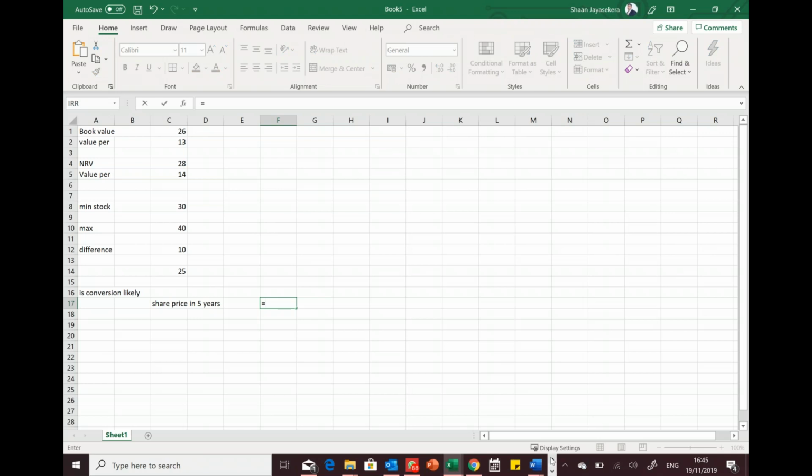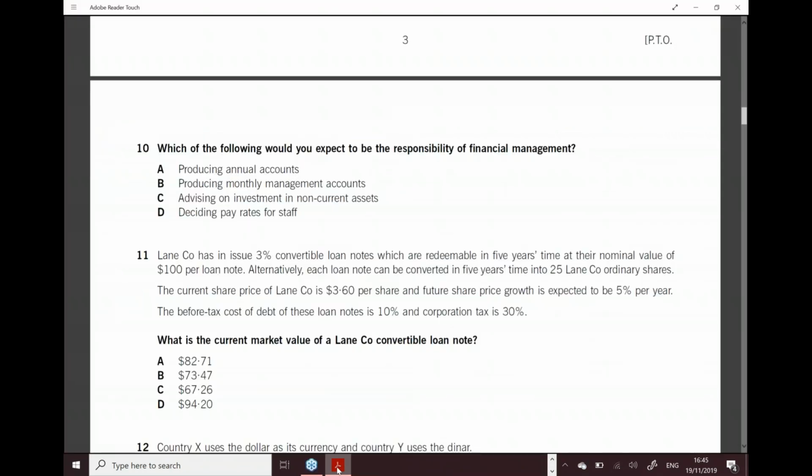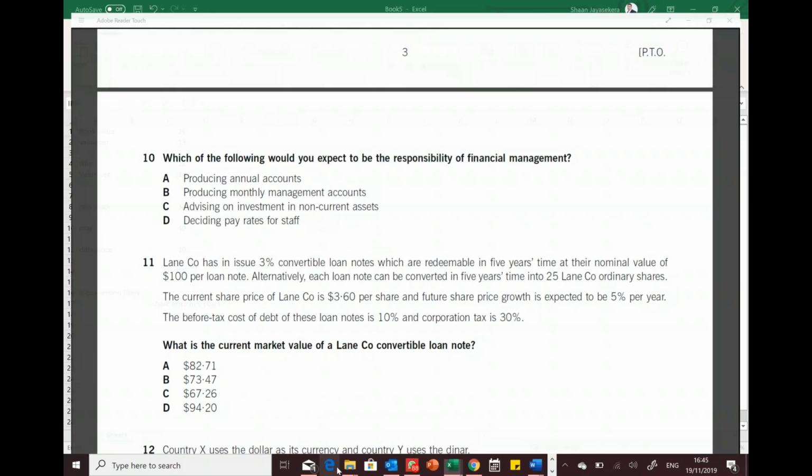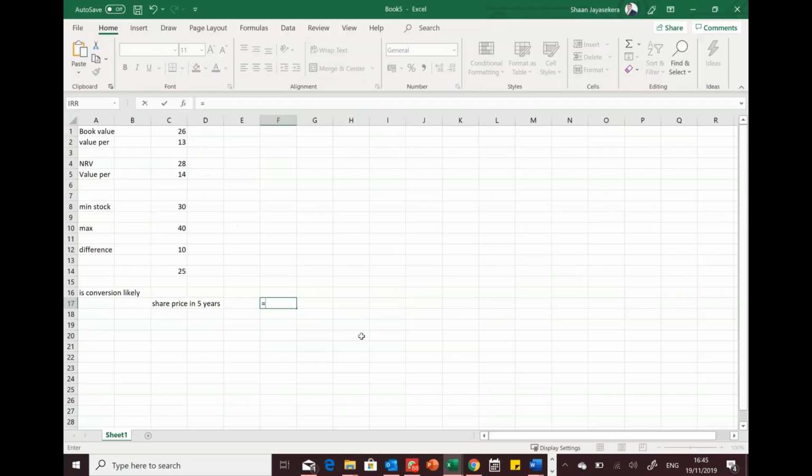The share price is currently 3.60, and this will grow at 5%. So that will be 3.6 into 1.05, and this will grow for 5 years. That should give me about 4.59 or 4.6 for the value of shares.